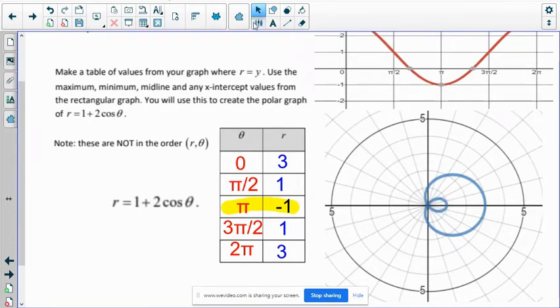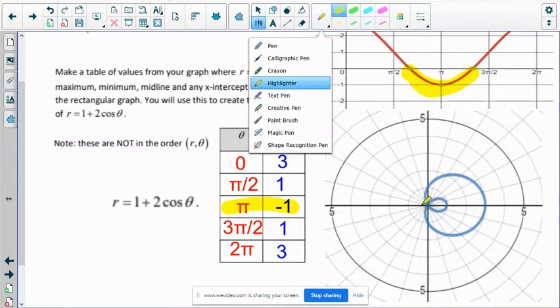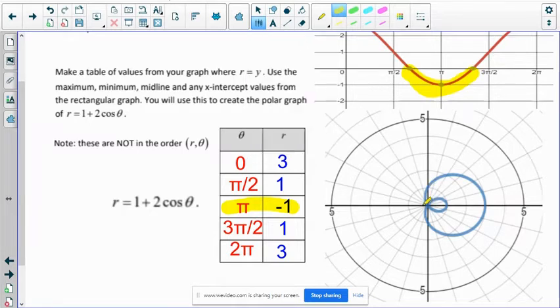If you think about the rectangular graph, there is a whole bunch of values where we are now in the negatives, and that creates this loop. These angles just after pi over 2, I'm still in the positive, but at some point the values in here are all negative, which creates this loop.